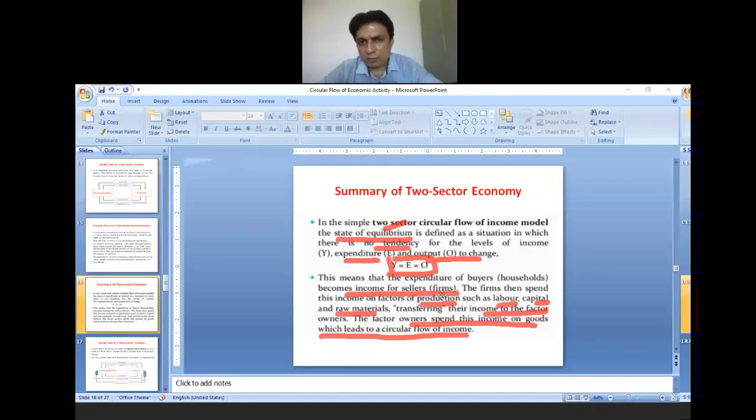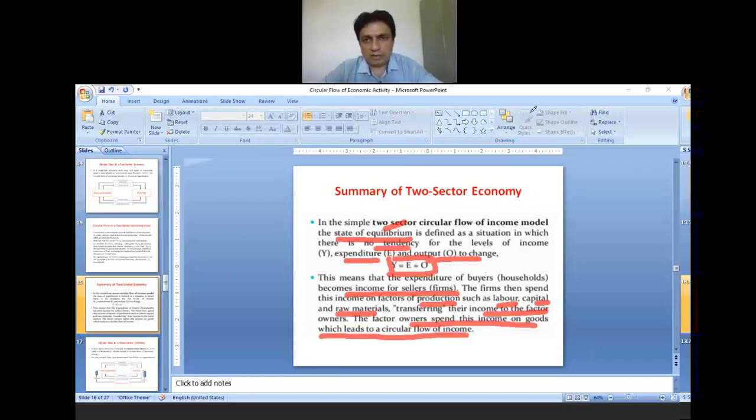So in the two sector economy model, the circular flow or the exchange of money goes from the household or consumers to the business and firms only. So this is how the exchange of money is transferred through these sectors.